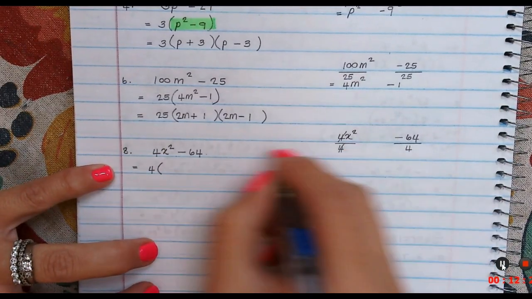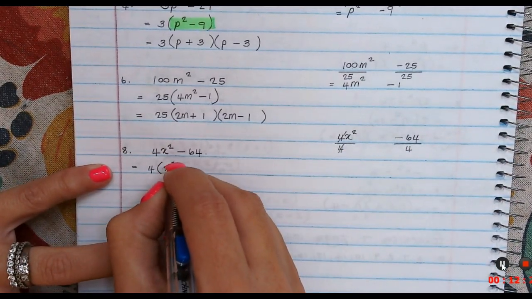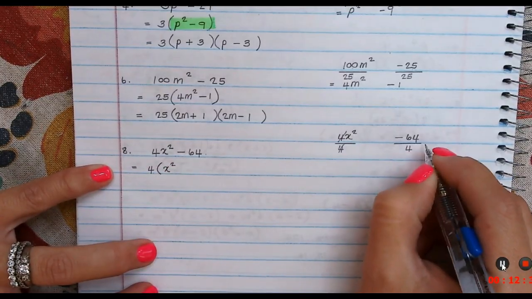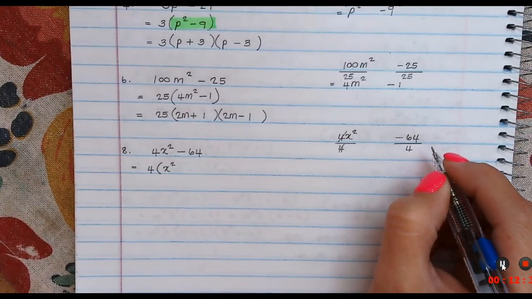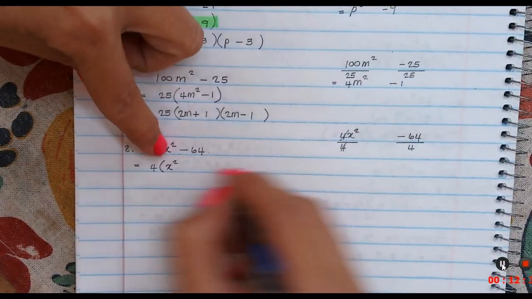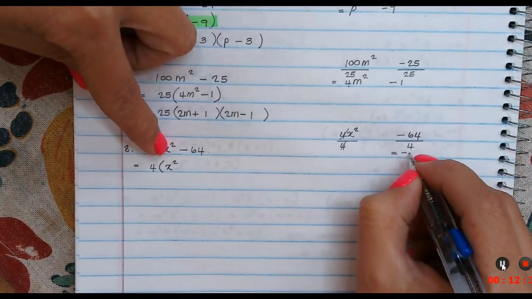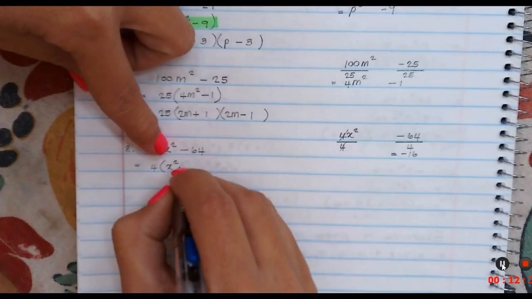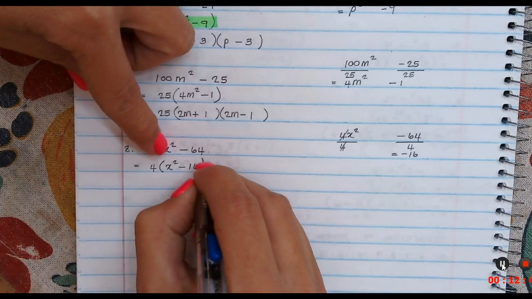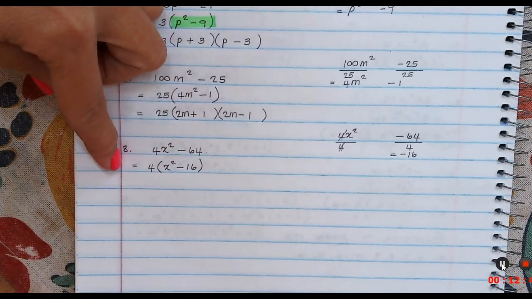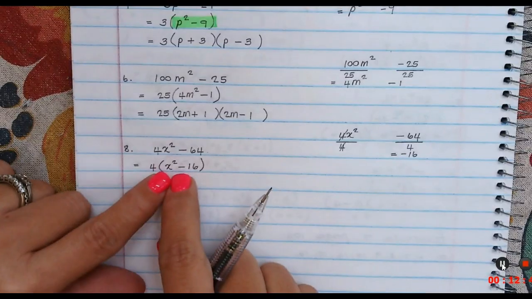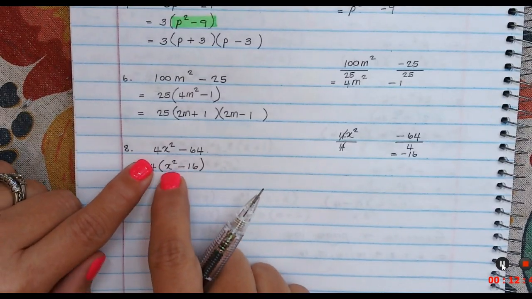4x squared divides by 4 equals x squared. Minus 64 divided by 4 equals minus 16. Right. Now I will check my bracket again, and you will take note.